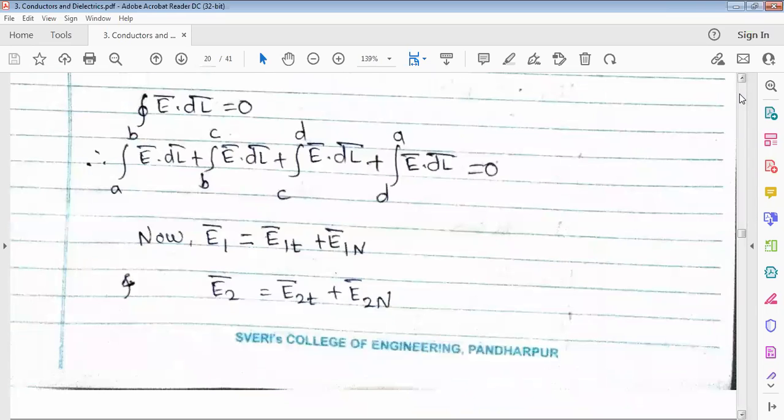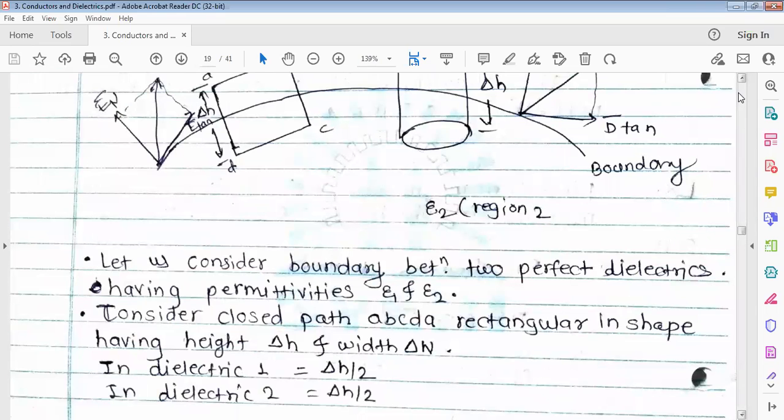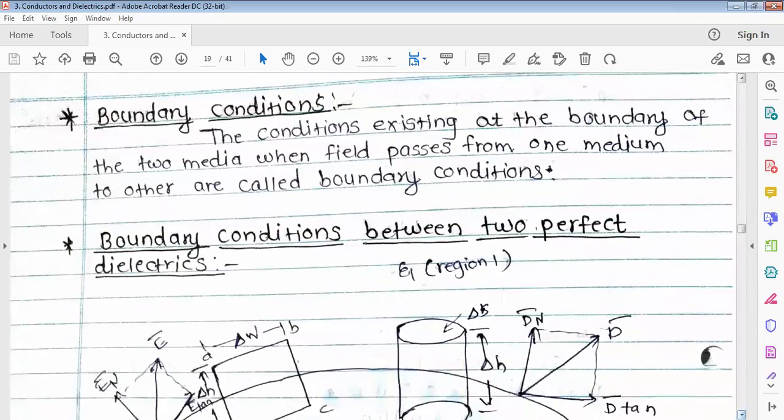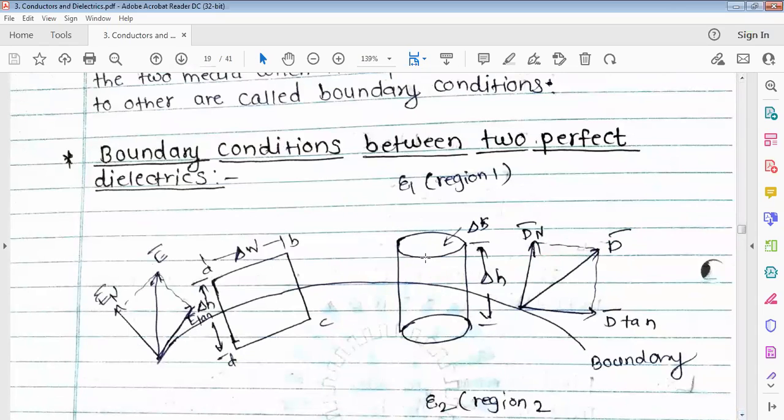Concentrate here. Now at the boundary, what will be present when this delta H is equal to 0? At the boundary, this total height is equal to 0. If the total height is equal to 0, the side integration becomes 0 and only your top surface and bottom surface will be present there.